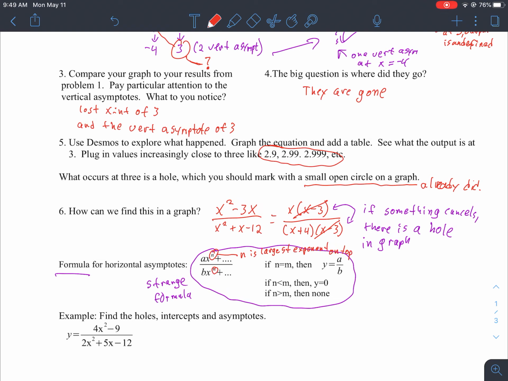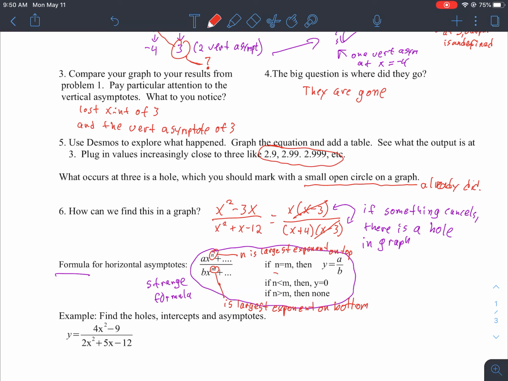And m, you can't see the m anymore, but that was an m. M is the largest exponent on the bottom.